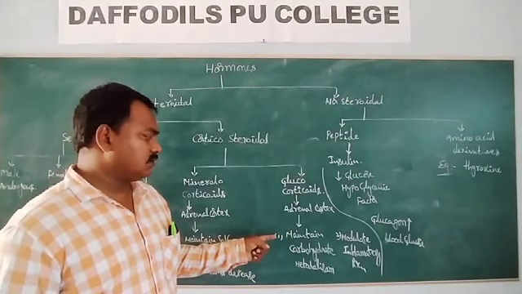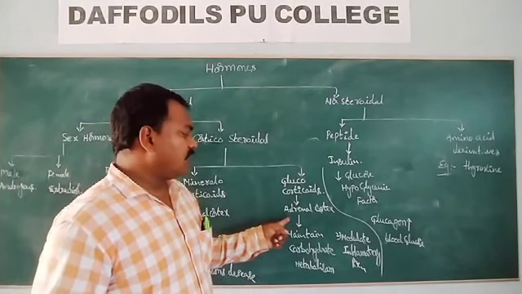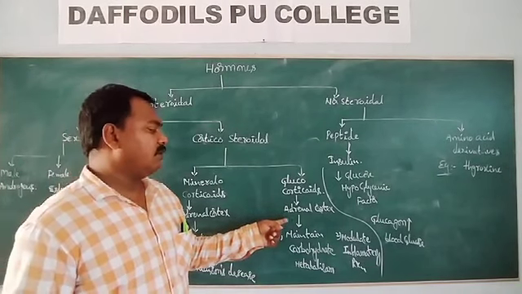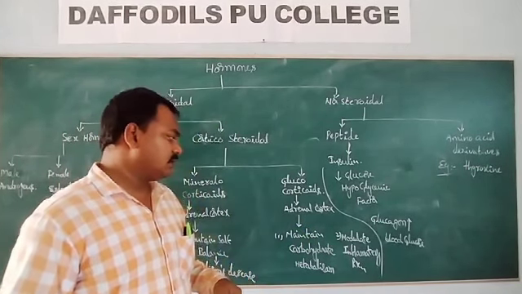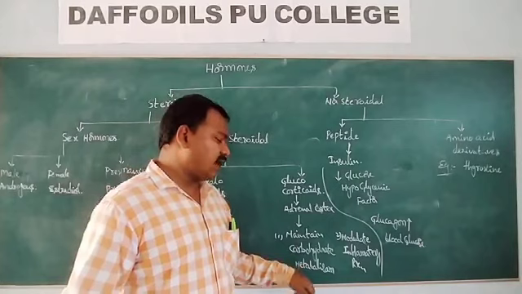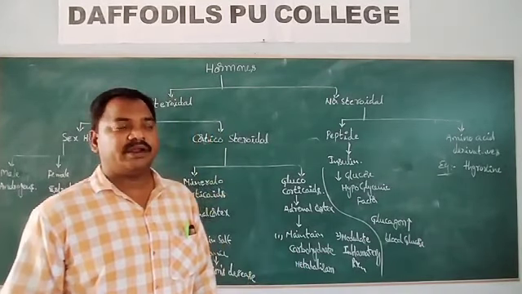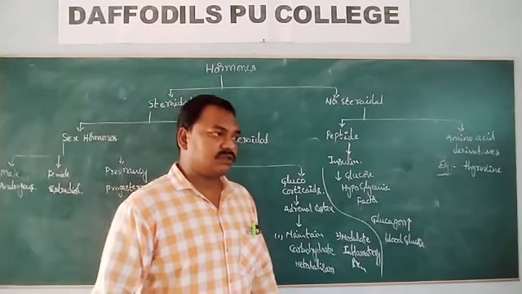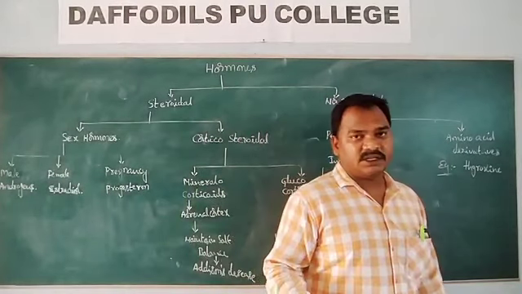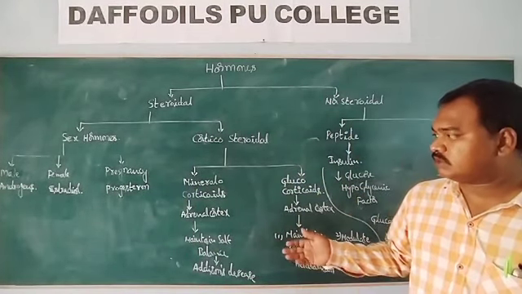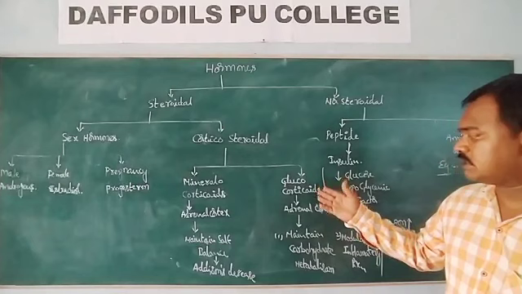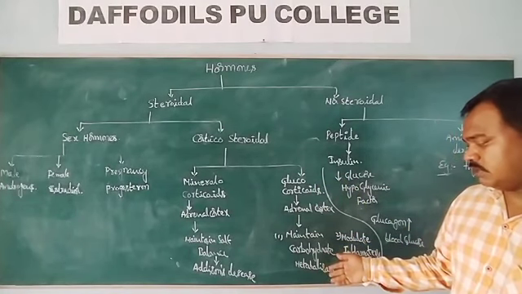Glucocorticoid hormones are also secreted by the adrenal cortex. This one maintains the carbohydrate mechanism. Carbohydrate mechanism means how much glucose has to be converted into energy forms. All those things are decided by these glucocorticoid hormones.